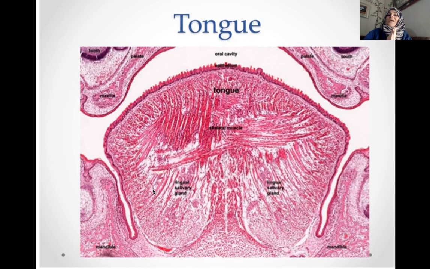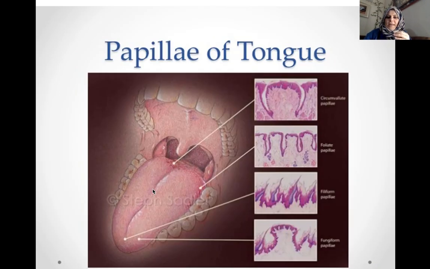What covers the dorsal surface of the tongue is, of course, the lining epithelium, a stratified squamous keratinized, partially keratinized, non-keratinized epithelium. We will find the three types of epithelium on the surface of the tongue, with the presence of the papillae, the tongue papillae. Here we call these the papillae of the tongue.